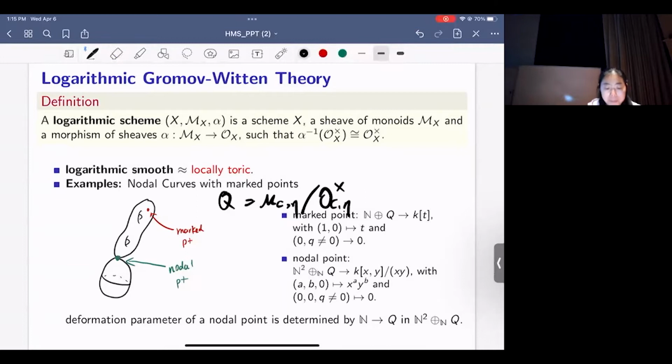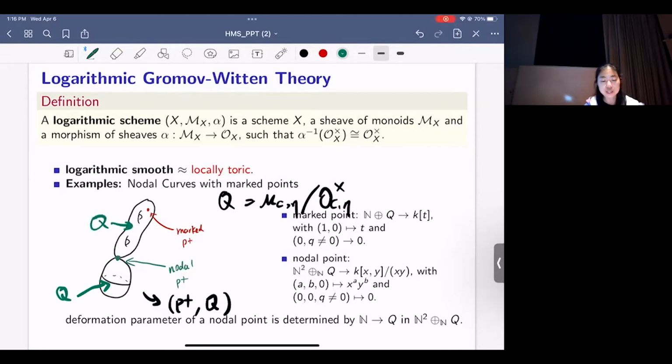Suppose this is a curve that maps to... okay, I lied a little bit. I am thinking of this nodal curve as smooth over some point with some log structure over Q. If we look at the log structure on this nodal curve, it will have a classification where over all the general points, it will have a log structure coming from this Q, for all the smooth points.